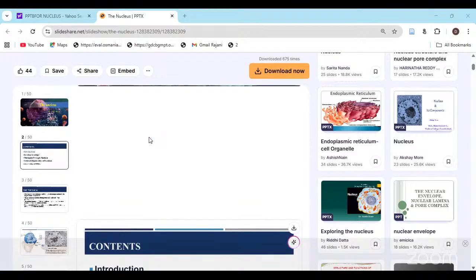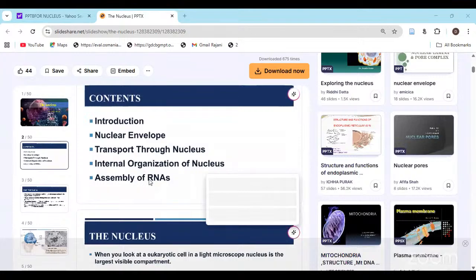These are the most important points for the nucleus and its introduction. And what is the main importance of the nucleus?